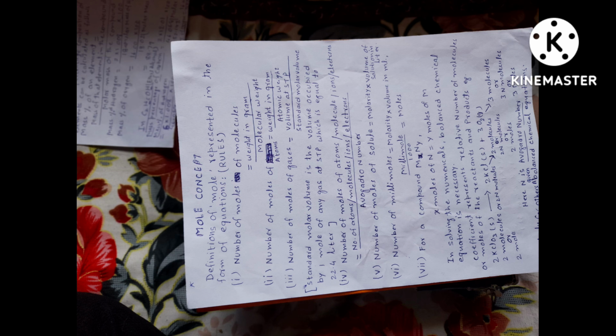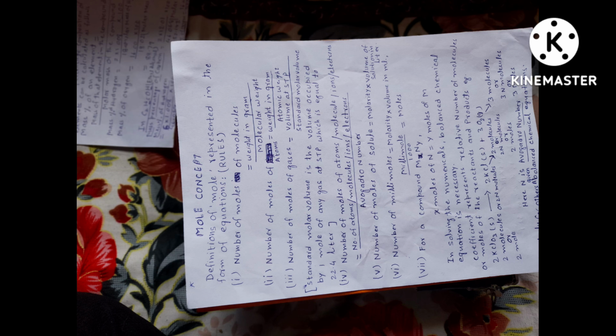If it is a solid phase, write a small s in bracket. If it is a liquid phase, write a small l in bracket. If it is a gaseous phase, write a small g in the bracket. Make it a habit.